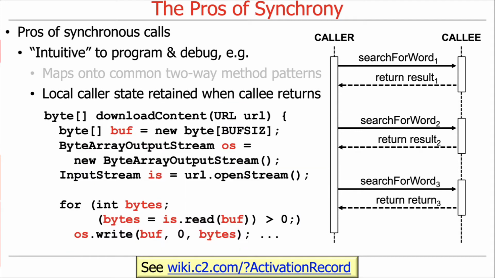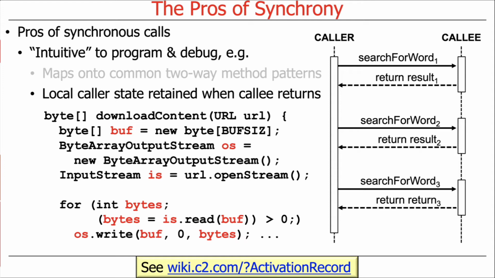Here's a very simple example. This is a method called download content. And as you can see here, what it's going to do is create a local variable called buff, and a local variable called OS, and a local variable called IS, which are the representative types byte array, output stream and input stream.